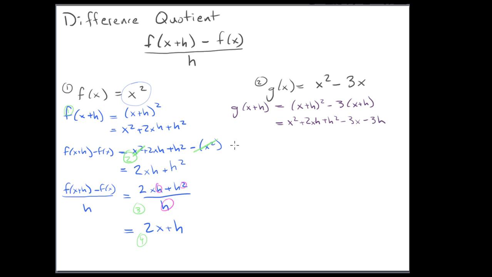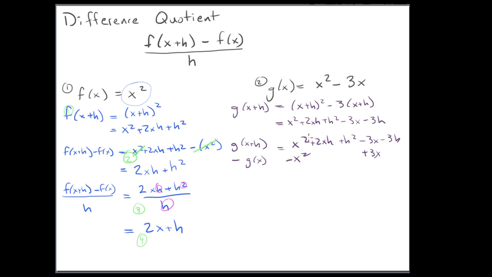Okay, and now we're going to take g of x plus h, and we're going to subtract from it g of x. And you know what? Let's do this in columns. So it's going to be minus x squared plus 3x.